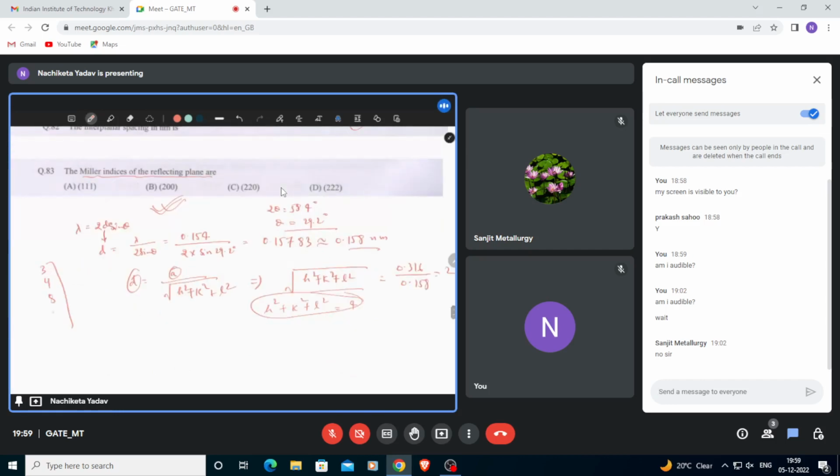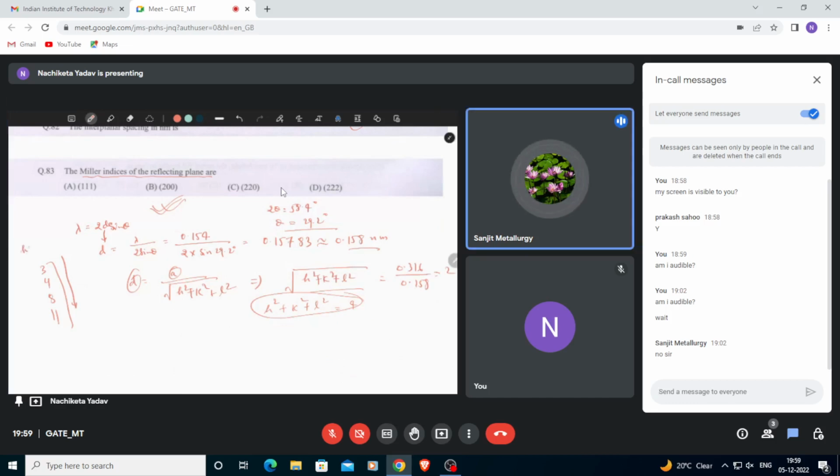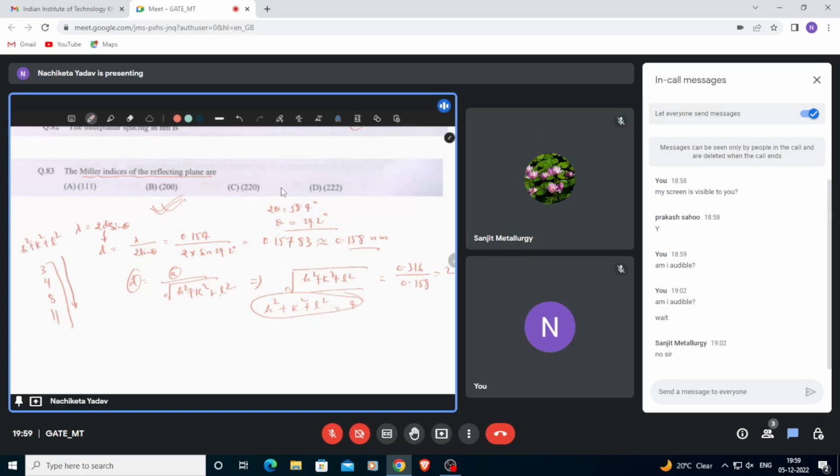Can you check if 3, 4, 7 is there or not? You please check this one. So this is 4. Possible Miller indices will be 2, 0, 0, 0, 2, 0, 0, 0, 2. So here option B is the correct option.